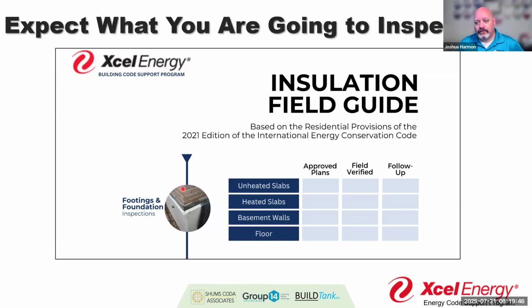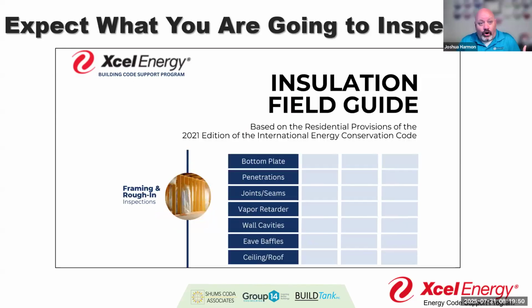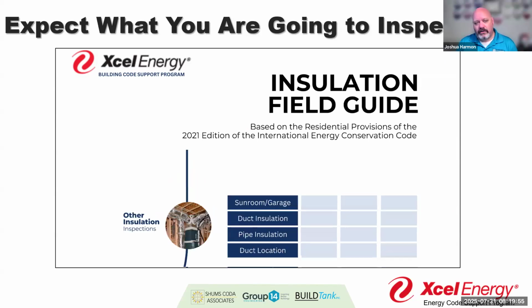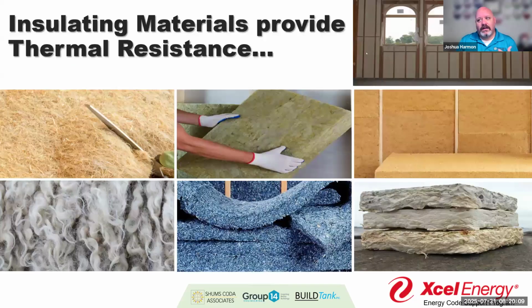But one of the things, again, we're looking at those different systems: the foundation, the frame, the walls, above grade, below grade, and then the roof system and those other elements like garage sunroof separations, ducts, and all those kinds of things. When we think about what we're looking for and where we're looking, we understand that insulation has a purpose.